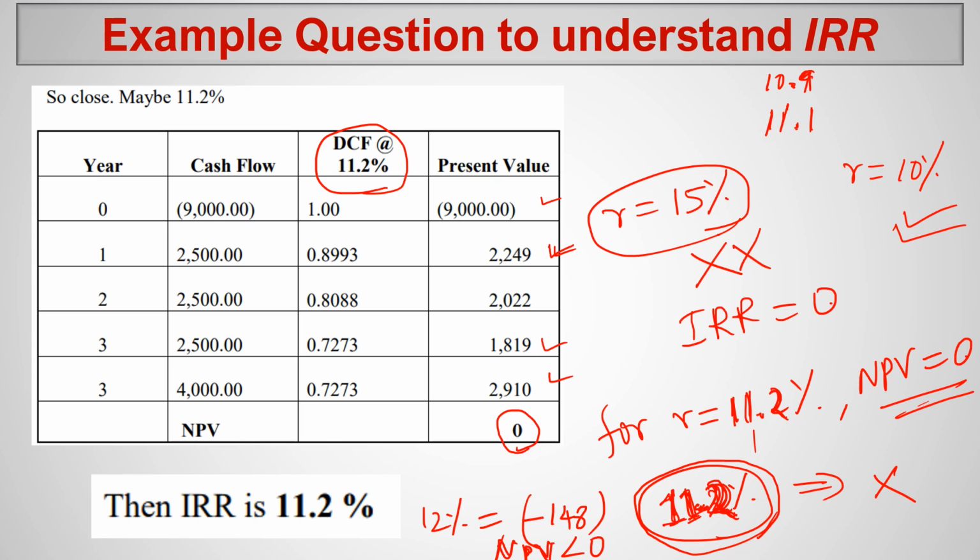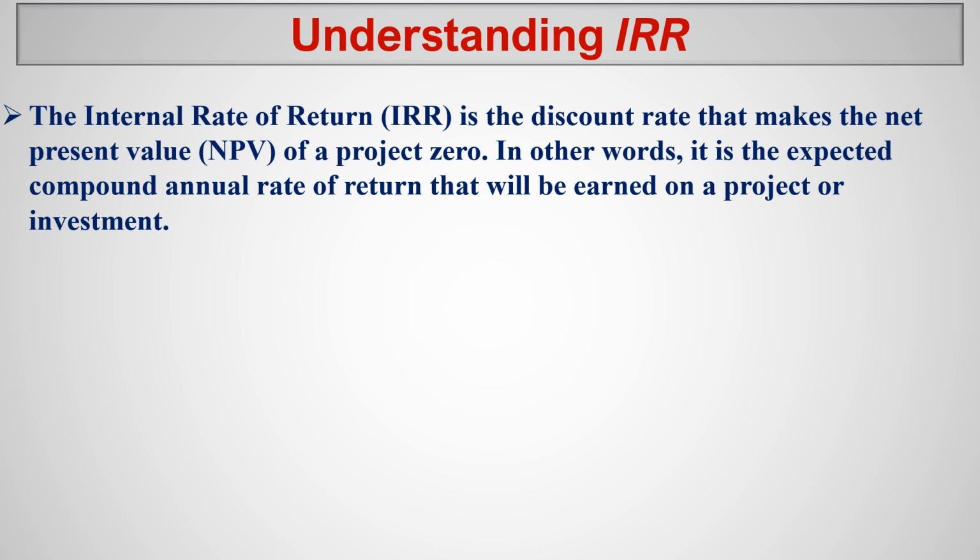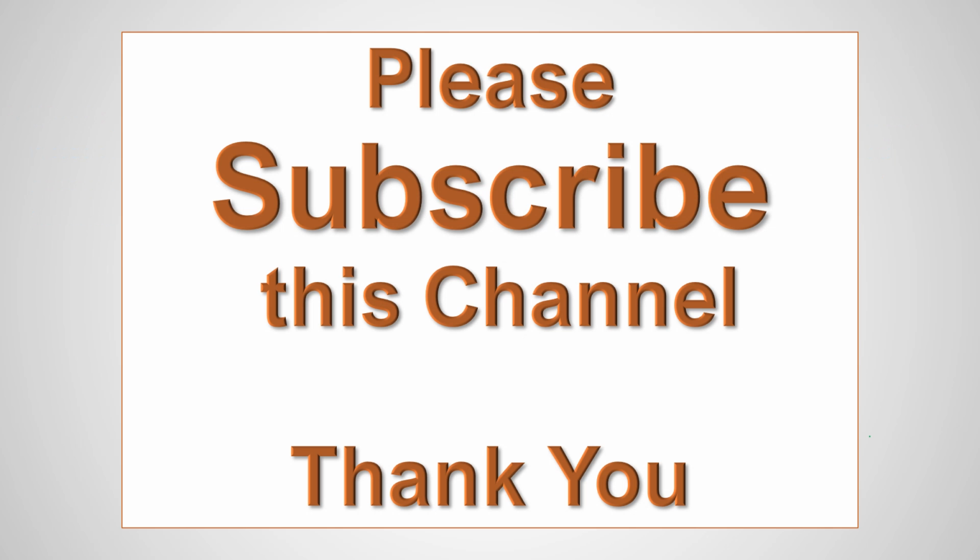If the currency is depreciating by less than this percentage, then we will accept the project. So this is the understanding of internal rate of return: the discount rate that makes the net present value zero. In other words, it is the expected compound annual rate of return that will be earned on the project or investment. Okay, that's all for today.